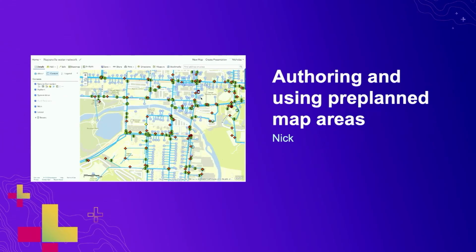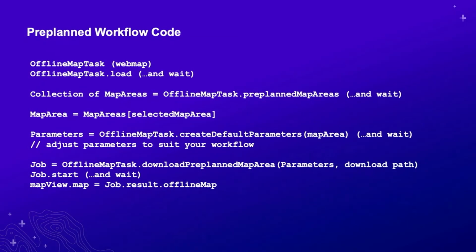Great, thanks, Nick. I think you saw from the demonstration there how straightforward it was when Nick was working with the map. And the API was taking care of all of the individual requests required to take the contents of that map offline. So with the pre-planned workflow, the code for it, you create your offline map task, passing in the web map.